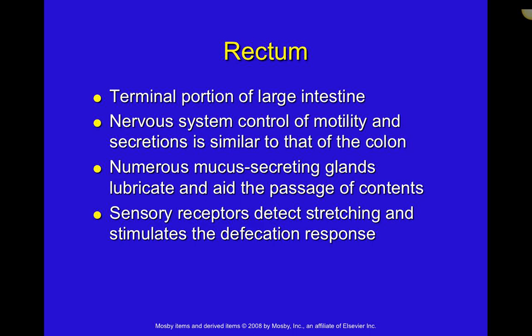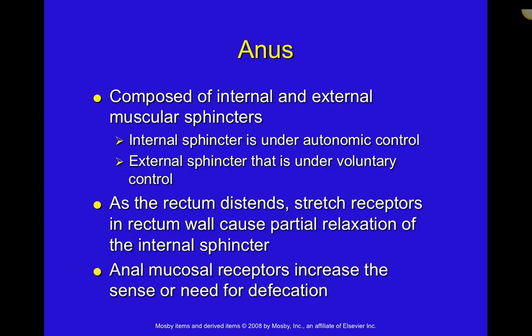Sensory receptors detect stretching and stimulate the defecation response. And at that point it shifts into the anus, which is composed of internal and external muscular sphincters. The internal sphincter is under autonomic control, the external sphincter is under voluntary control, and specifically the external sphincter is solely skeletal muscle. Okay, it's under voluntary control completely.